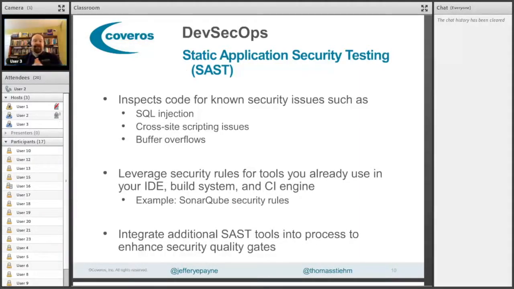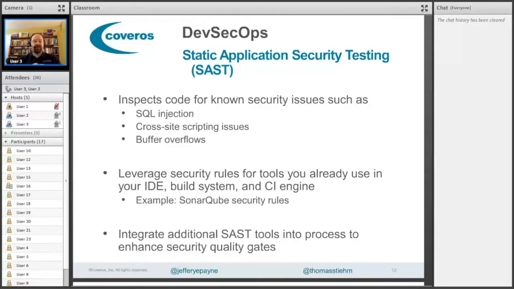So when we start talking about SAST, what we're really talking about is looking at the code and determining if there are security issues that we can find just at the code level. This is really good for finding things like SQL injection, cross-site scripting issues, buffer overflows.